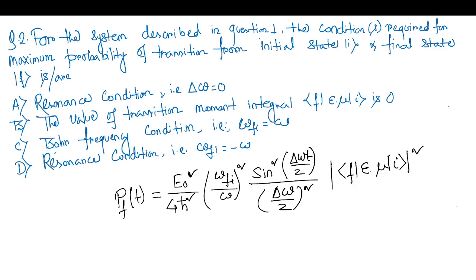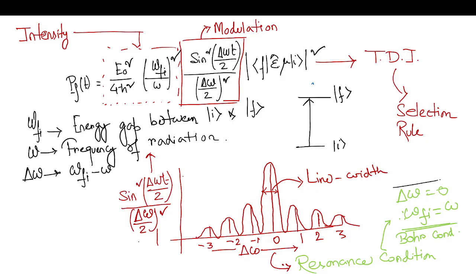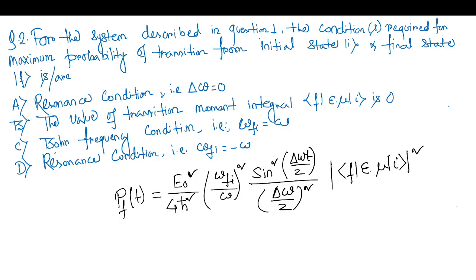For this expression, the resonance condition, as we showed here, only happens when the difference between the frequency of radiation and the energy gap between the I and F states is equal to zero. That means at that point the frequency of the incident light and the energy gap coincide with each other, and that's why you will get the maximum transition.